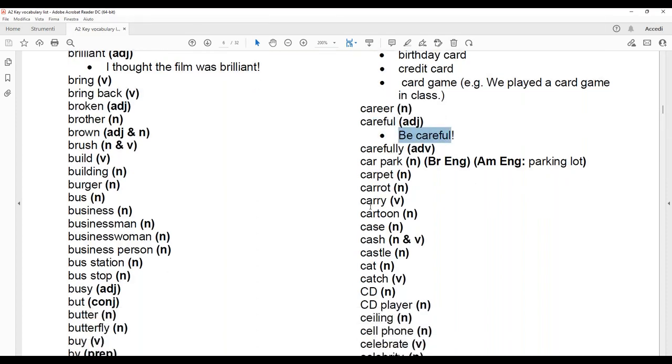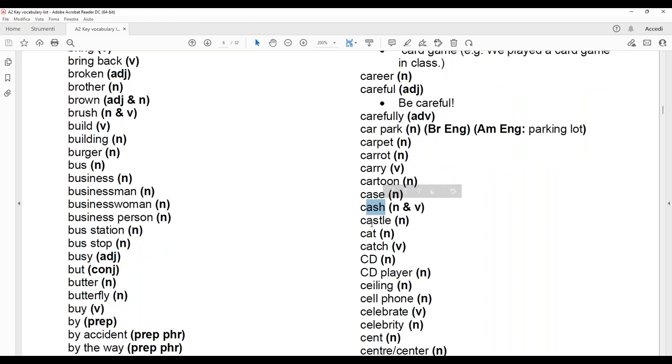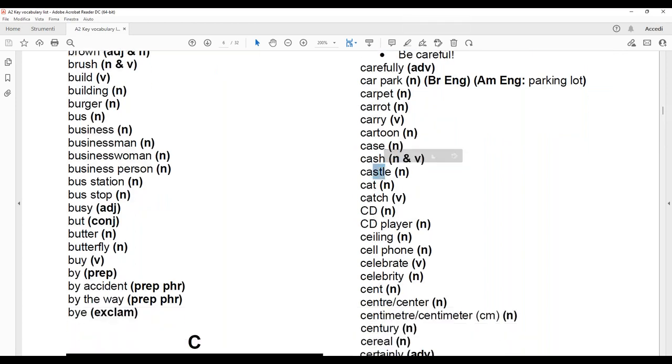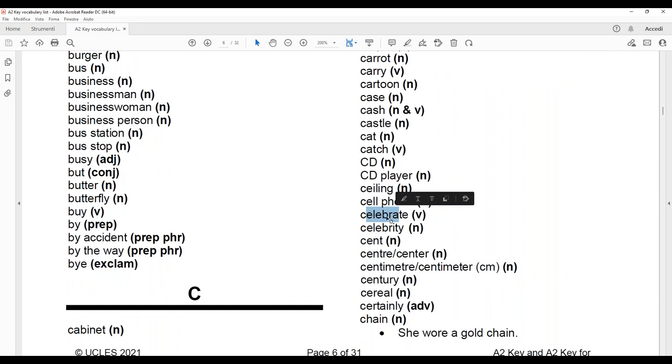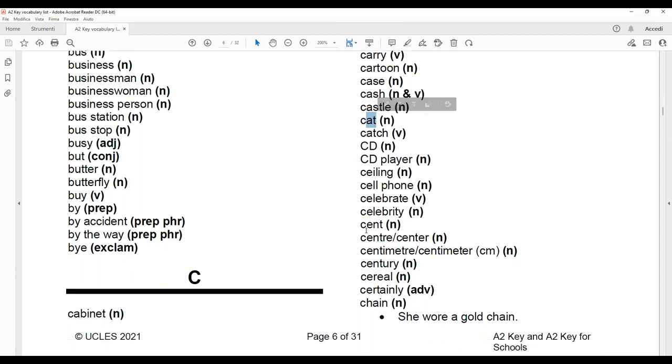Career, card. Carry, portare. Case, valigia. Cash, contante. Castle, castello. Catch, afferrare. Celebrate, celebrare. Ceiling, soffitto. Cat, gatto. Cent, centesimi.